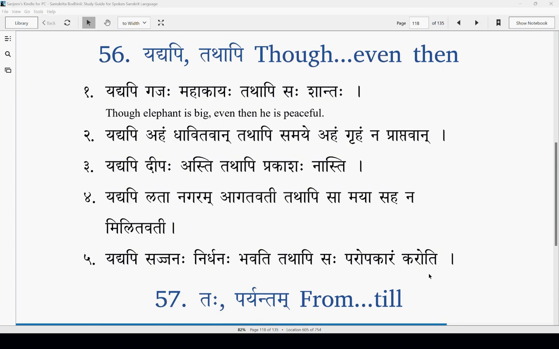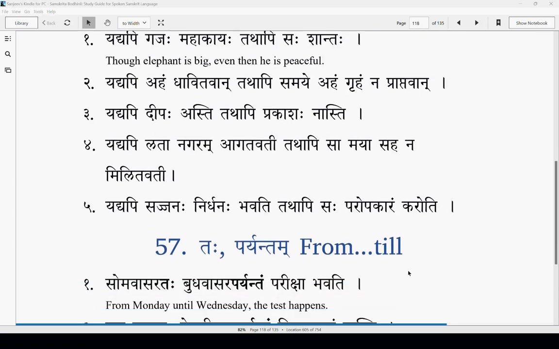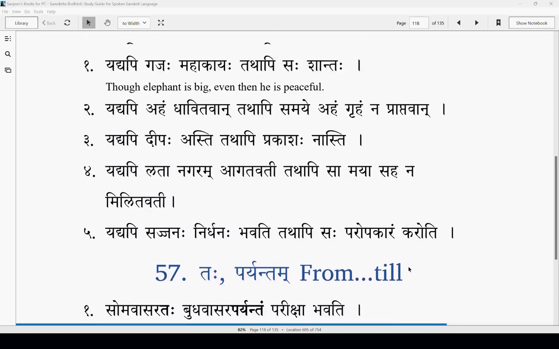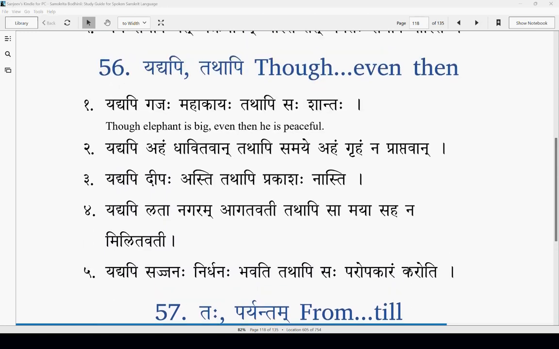So निर्धनः सज्जनः. Any question on this? यद्यपि तथापि. Simple.